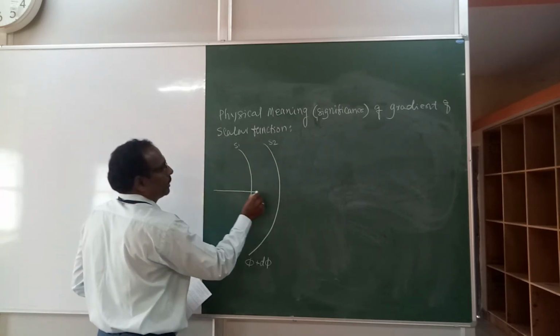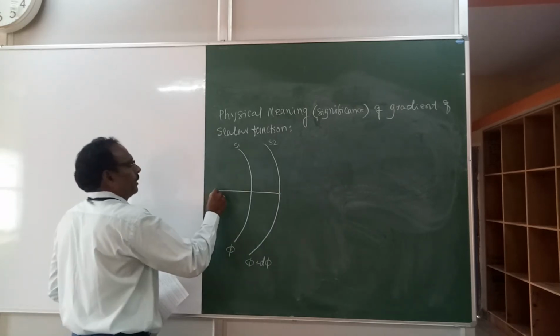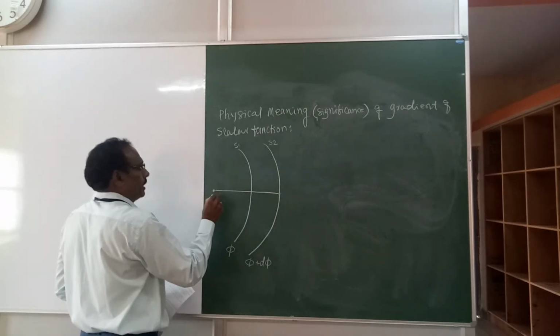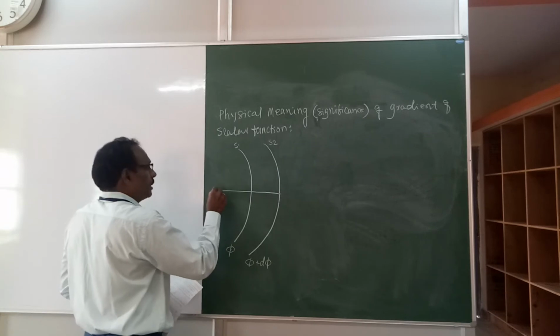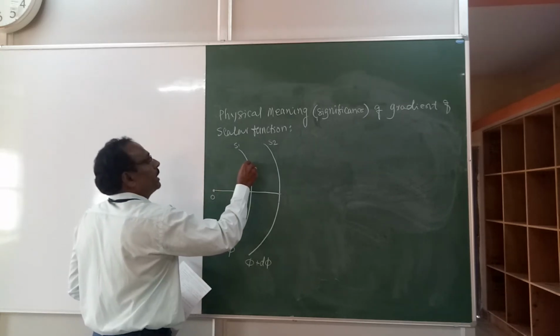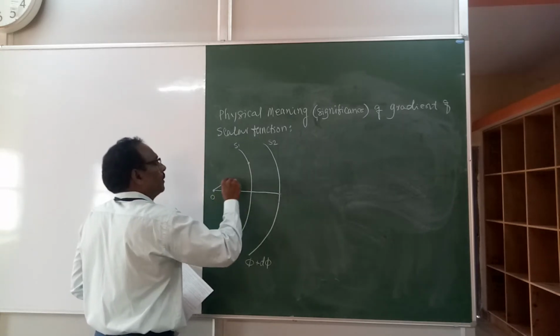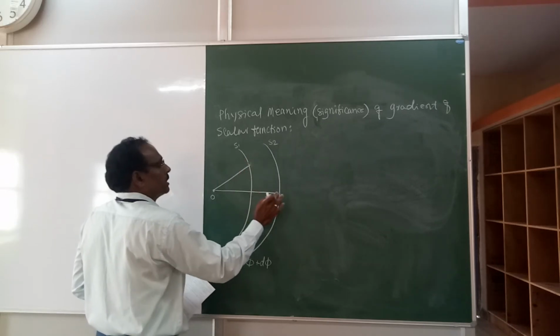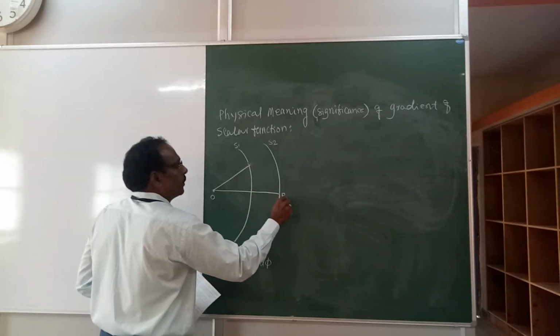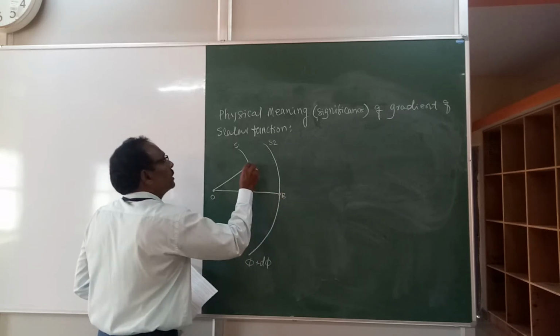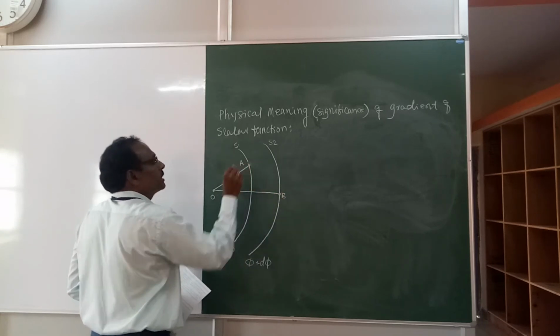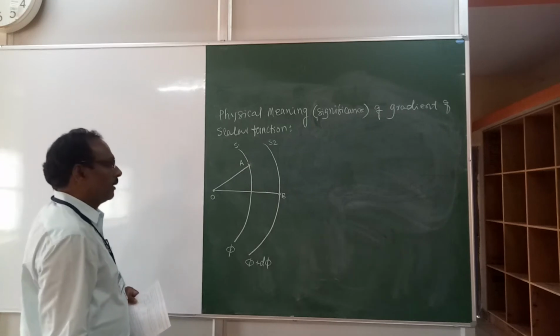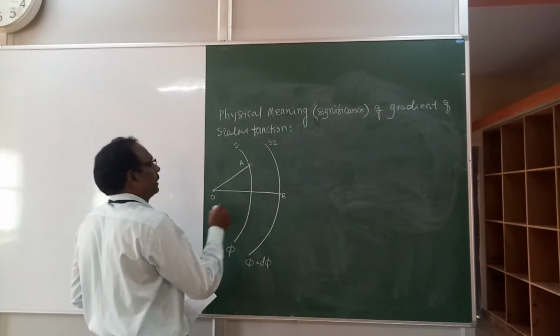Let me draw a point here, O. I will consider a point A here, and say a point B. This is point B, this is point A, on these two level surfaces.